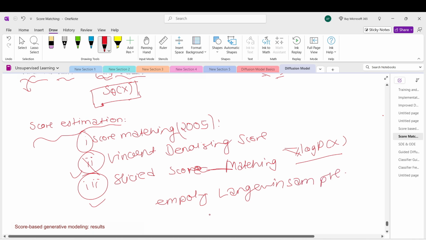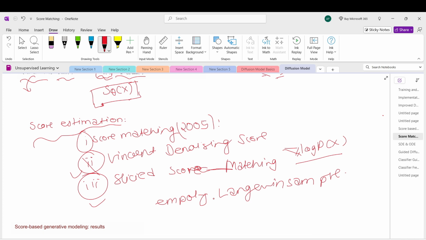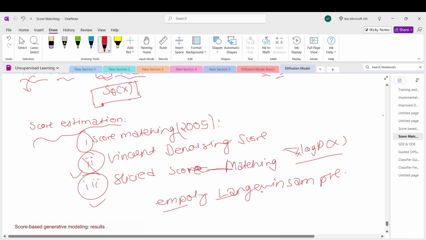according to Tweedie's formula, as you have read, we follow the gradients. But while employing Langevin sampling, Langevin MCMC, we have to follow the noisy score rather than just the score.